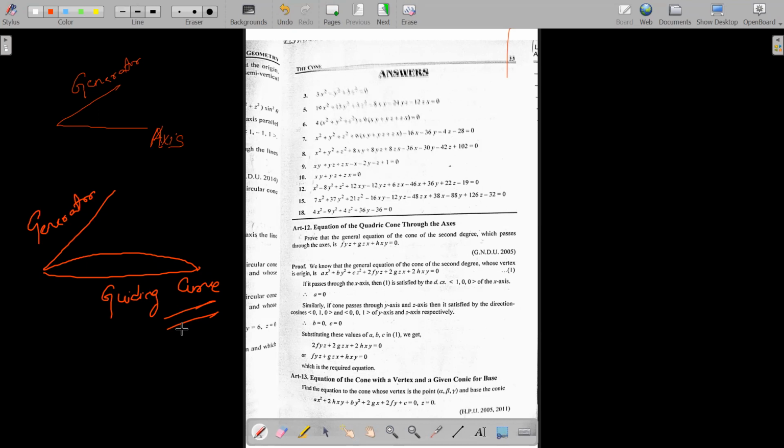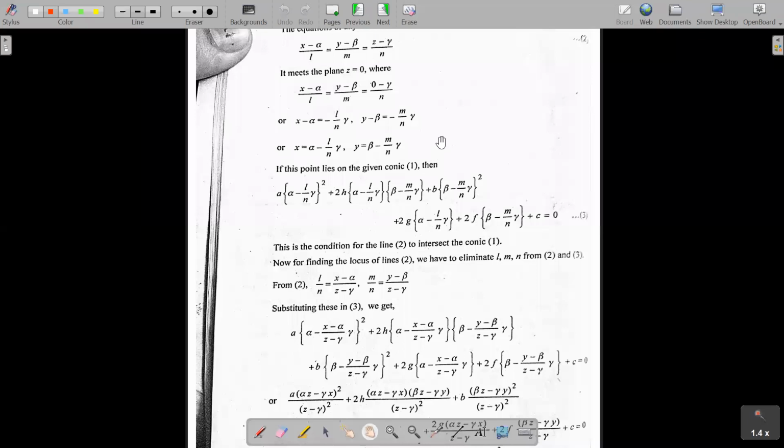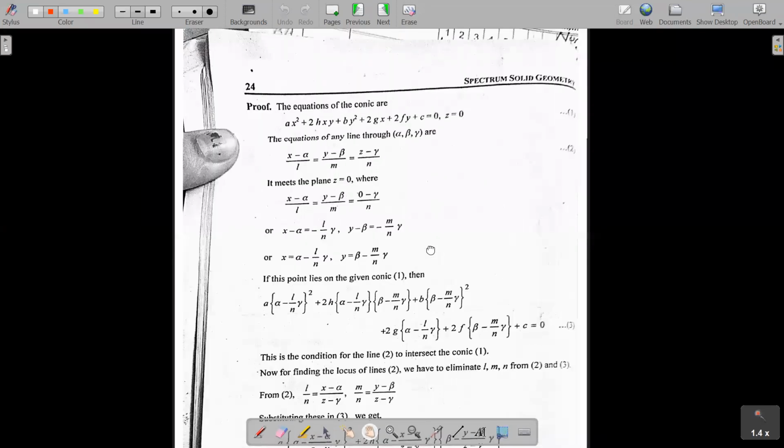So if you see, say suppose we are given a cone. We are given the vertex of the cone.